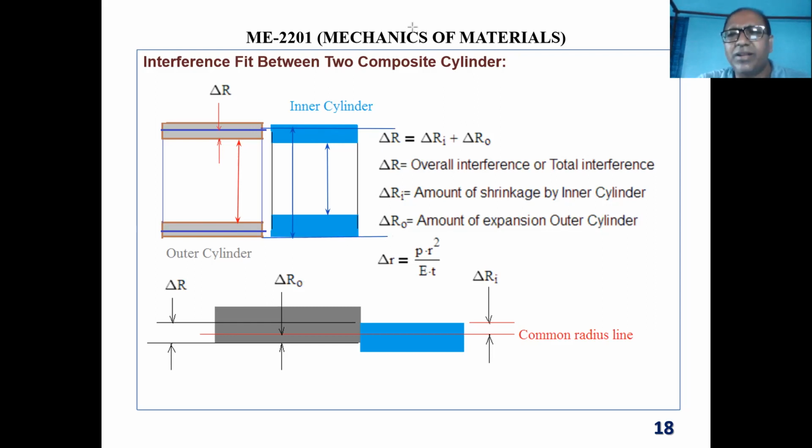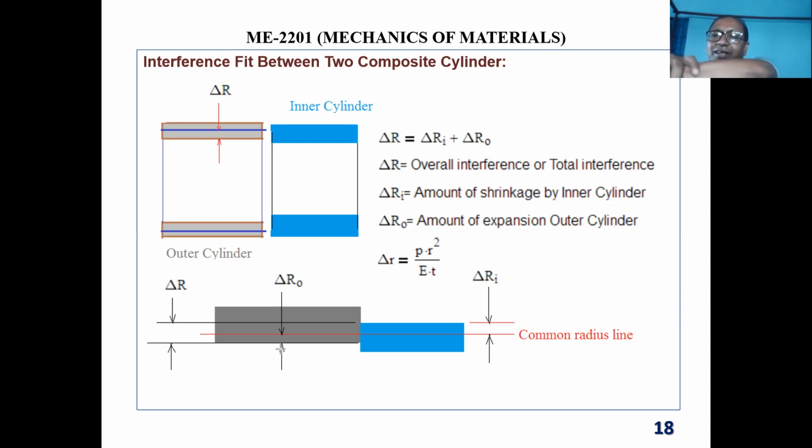But if you look at the bottom figure, this is the outer diameter of the inner cylinder, and this is the inside diameter of the outer cylinder. Actually, what happens is, like I am holding it like that, you put the inner cylinder in liquid nitrogen, so it gets smaller and gradually comes back to room temperature.